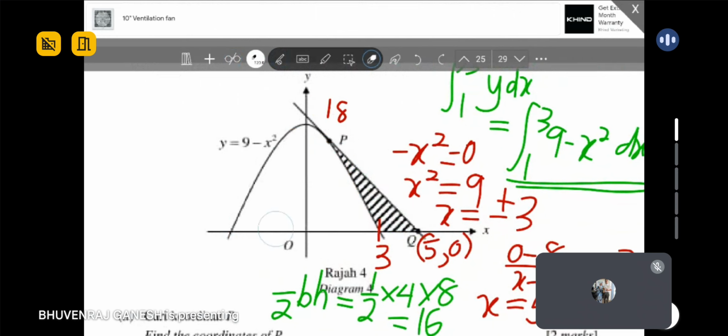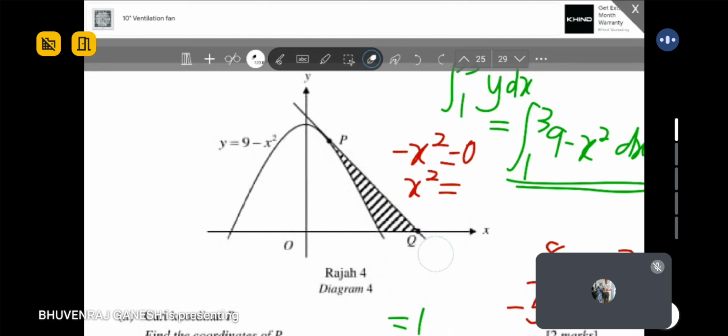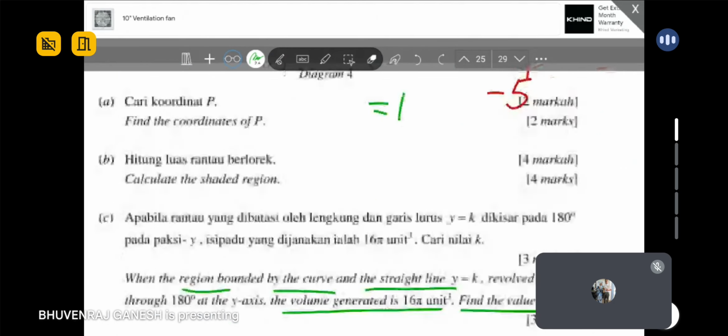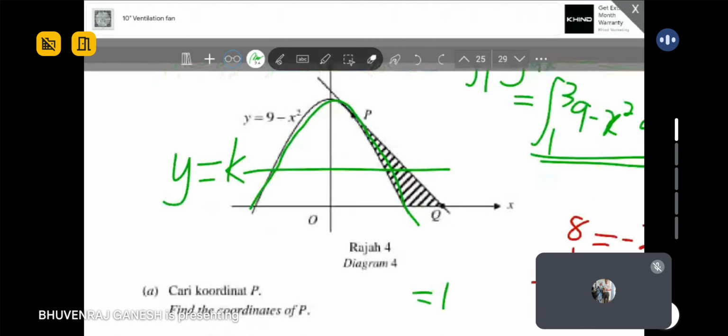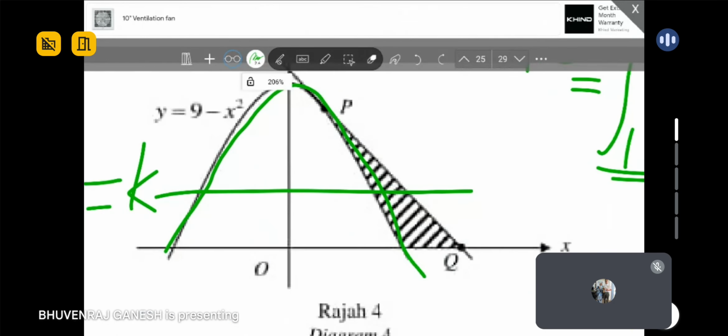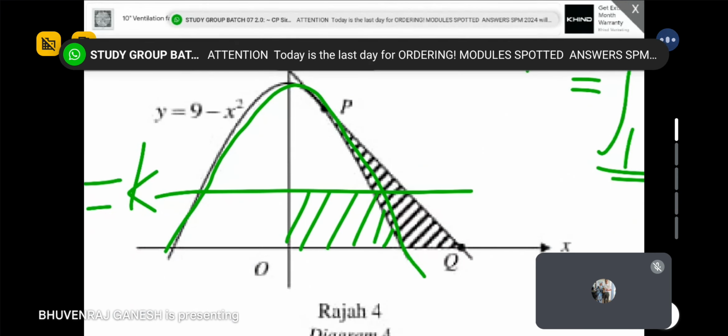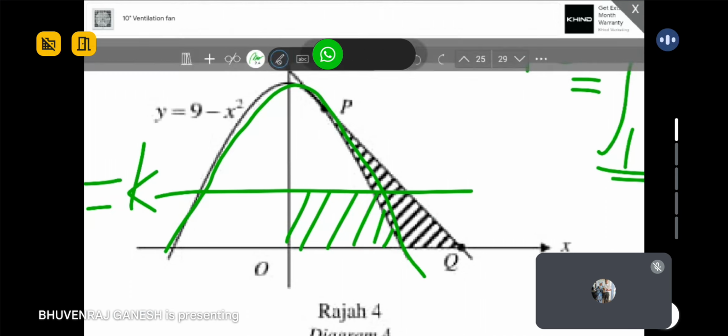Okay, kamu lukis mana-mana saja yang kamu suka. Okay, because we don't know the value of K. Kita tak tahu nilai dia. So y equal to K and then lengkung. Okay, so this is the question. So they say y-axis, paksi y. So basically the region is this one lah. Okay, ini kawasan dia.